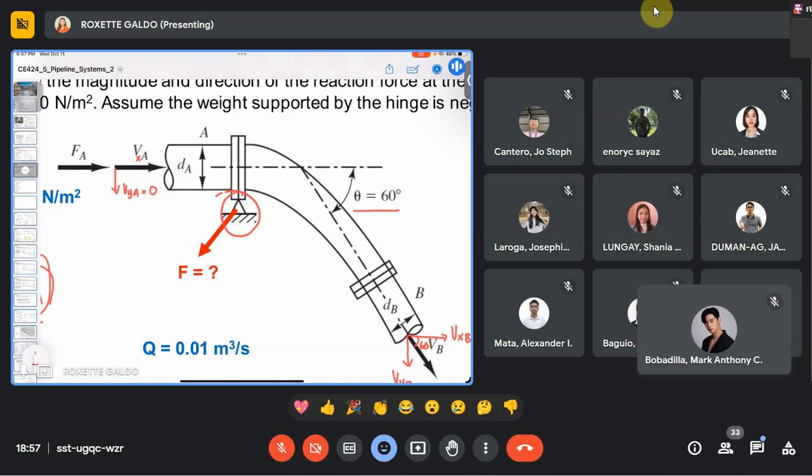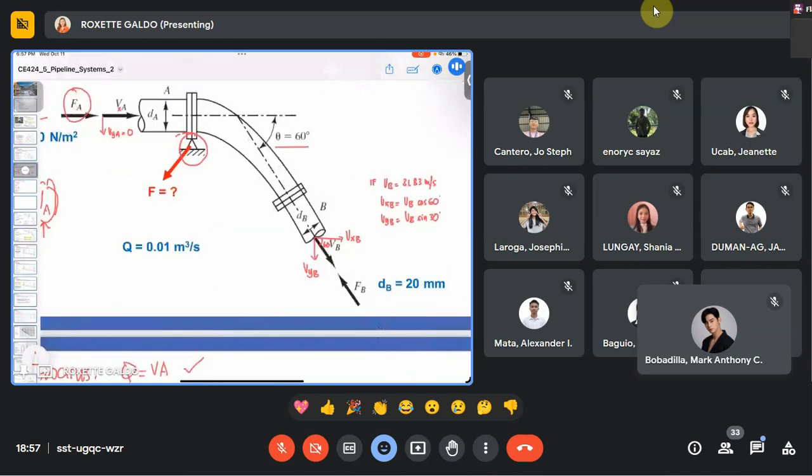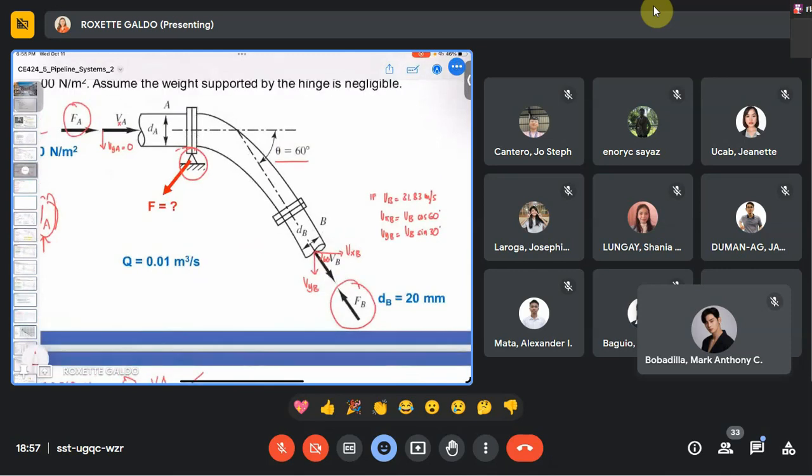We have FA here and we also have FB here. Where do these forces come from? What is causing this force, both FA and FB? Any idea? The water. Okay, very good.